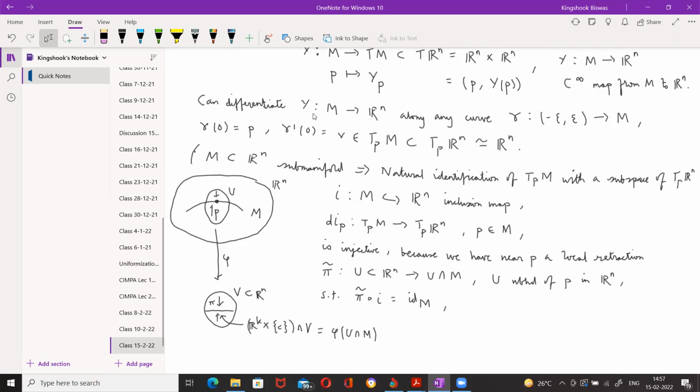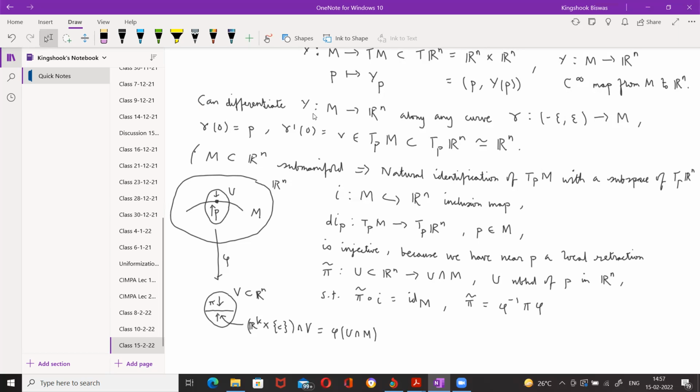That will give me my retraction pi tilde. In other words, I conjugate by phi. So pi tilde is equal to phi inverse pi phi.